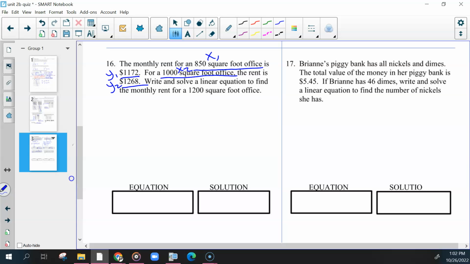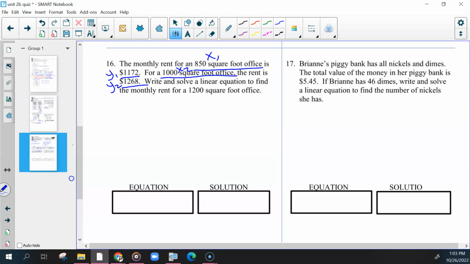One, do everything algebraically. Find your slope like you would normally. Use that with one of these ordered pairs to find your y-intercept. Use that equation to find the answer to this last part. Some of you did some of that. Some of you found the slope and found the equation. Some of your slopes weren't correct, which messed up the equation, but then didn't actually answer the last part.